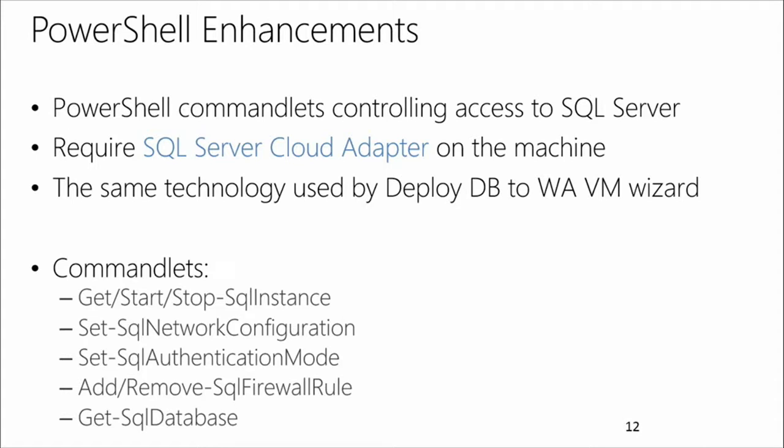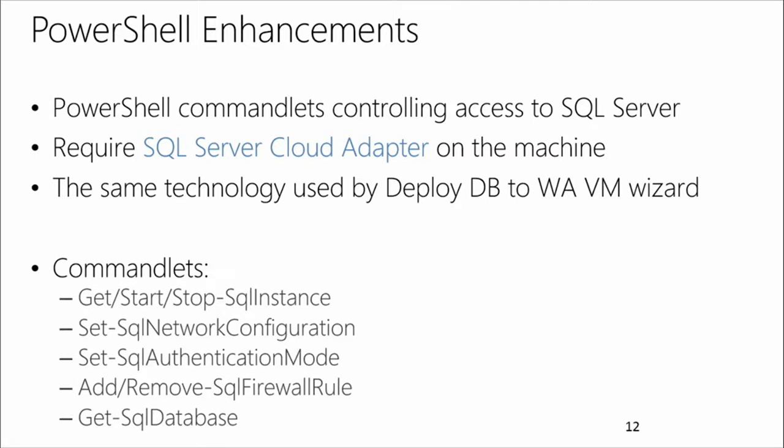One thing to mention about all those cmdlets, except one, is that most of them require SQL Server Cloud Adapter to be running on the same machine where the instance is located, and it should be accessible, so its port should be available. That's basically the same technology that we utilize for the Wizard I was talking about previously, and it's important that this technology is shared because you can expect the same behavior.